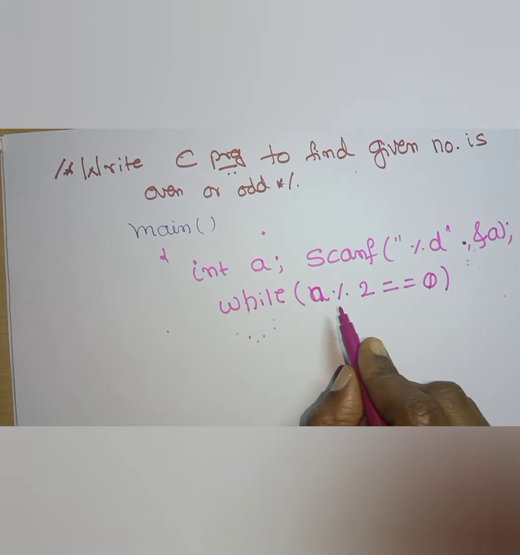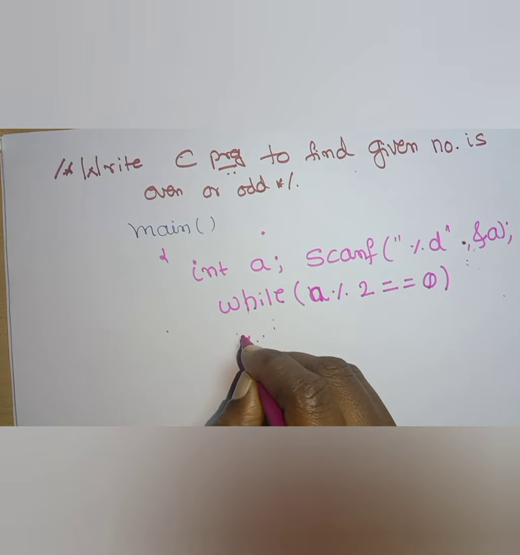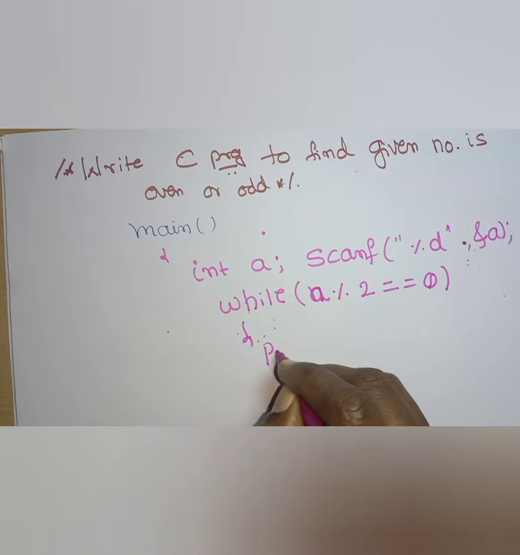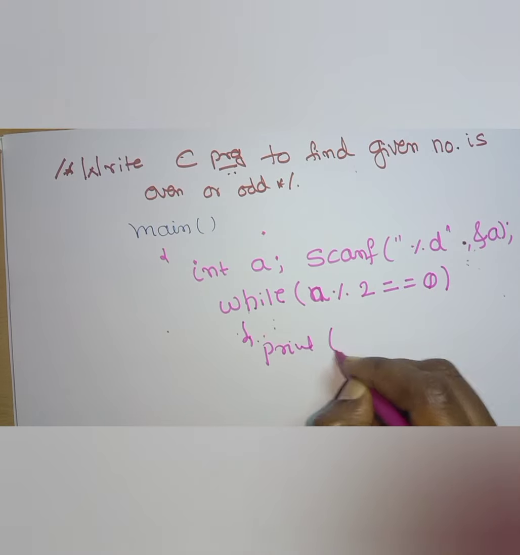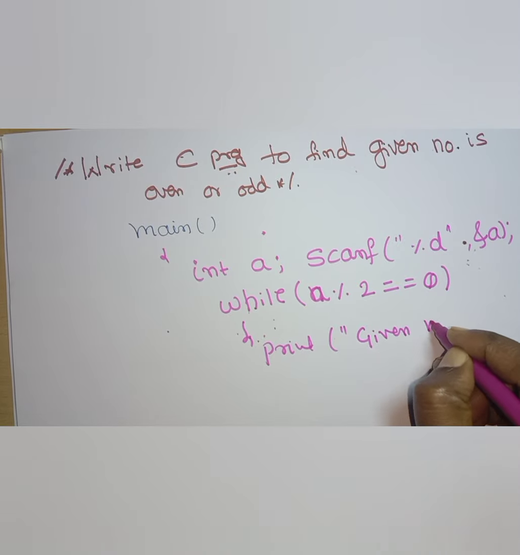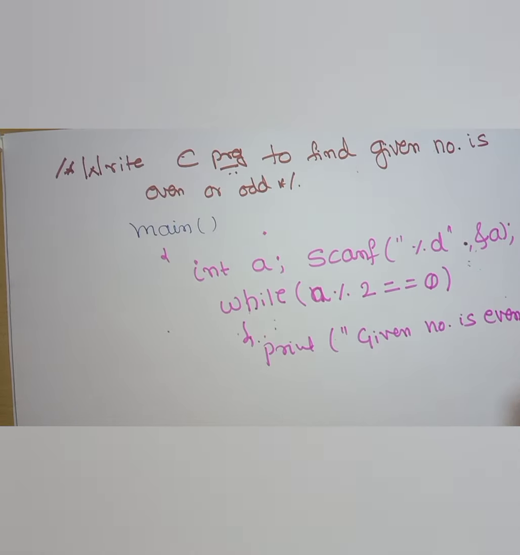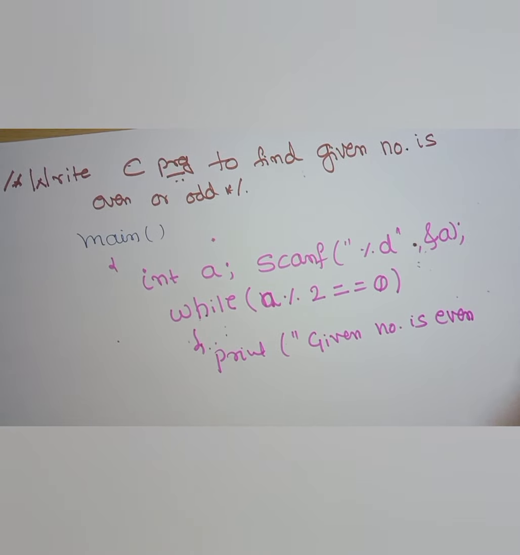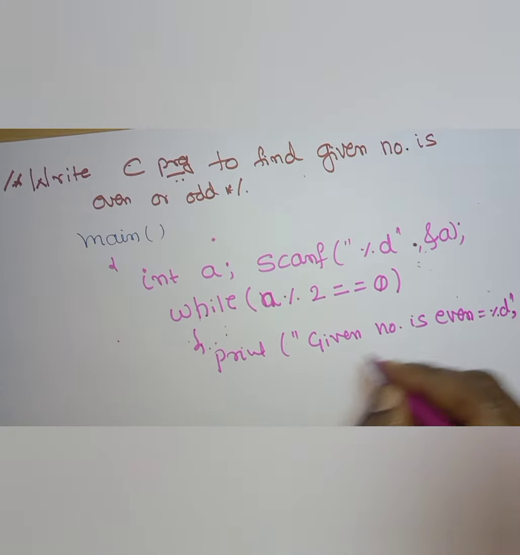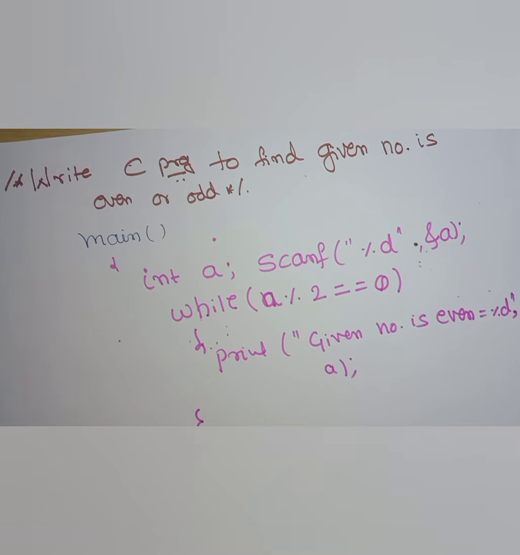Read the number. If that number divided by 2 is equal to 0, then I print that the given number is even, and you can also write that is equal to %d. Which number I have to write here, you can write that also, and end of the program.